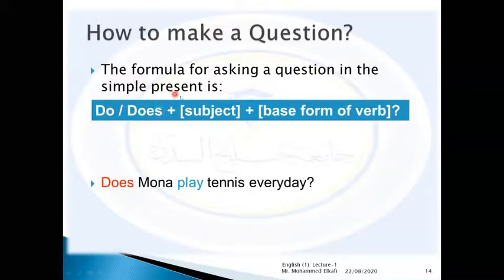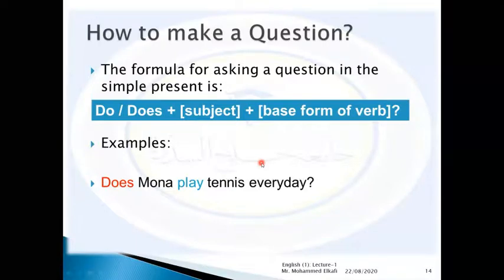So do you, for example, plus the base verb. Do we, where we is the subject, and then we add the base form of the verb. Or do they as a subject. But does she plus the base form of the verb, does he plus the base form of the verb, and does it plus the base form of the verb.